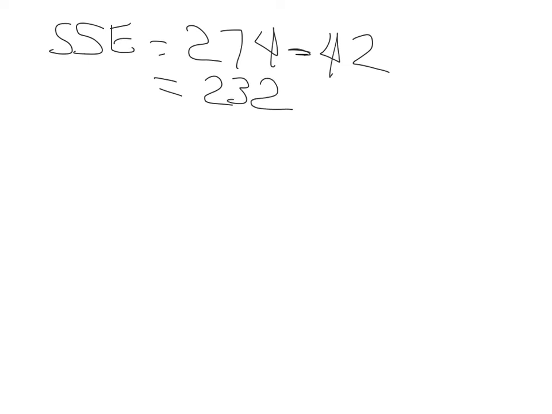All right. Let's put together a generic ANOVA table, and then we'll fill in the correct numbers. So the generic table looks like this for one-way ANOVA.